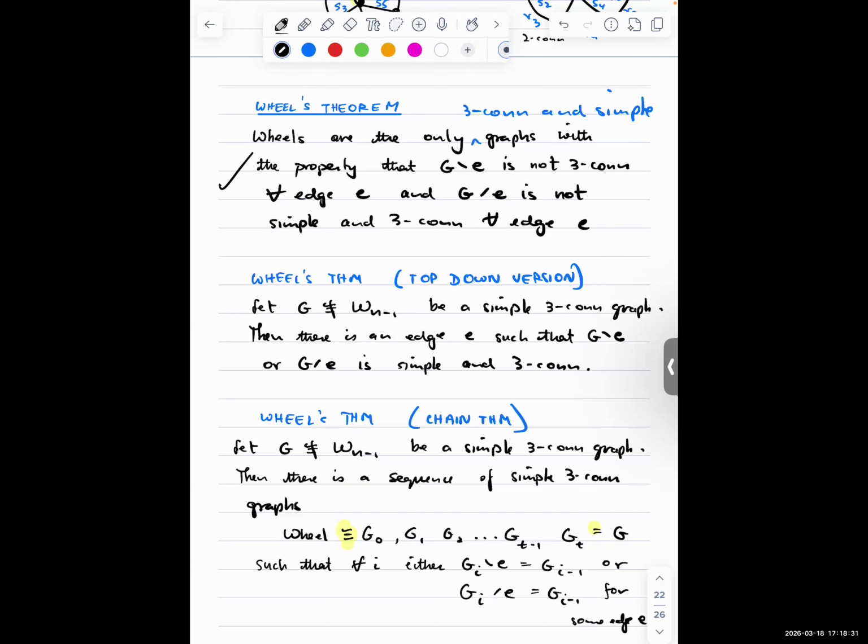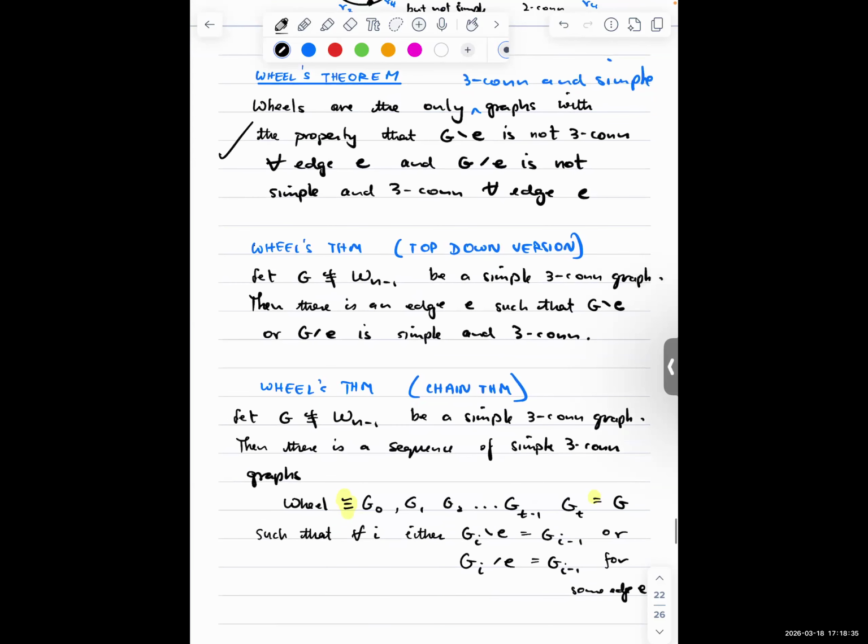The third one is, well, saying it again and again. If there is an edge E such that G delete E or G contract E is simple and 3-connected, say G delete E is simple and 3-connected, and it's not a wheel, then in G delete E you can find another edge F where you can delete or contract and get to something smaller. If you reach a wheel, you're stuck there.